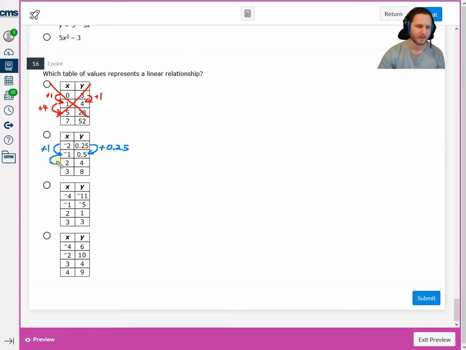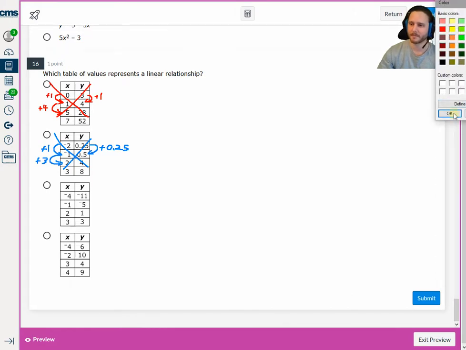Then on this side, we go from -1 to +2. That's an increase of 3. So if that multiplied by 3, this should multiply by 3, which means I should add 0.75, or 3/4, to 0.5, which is not going to be 4. So this table is out.